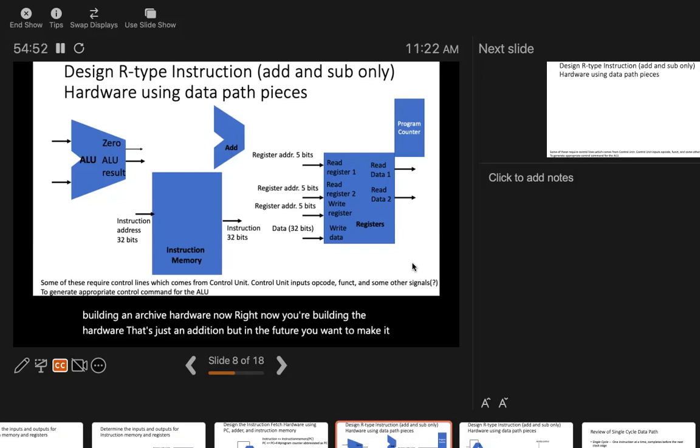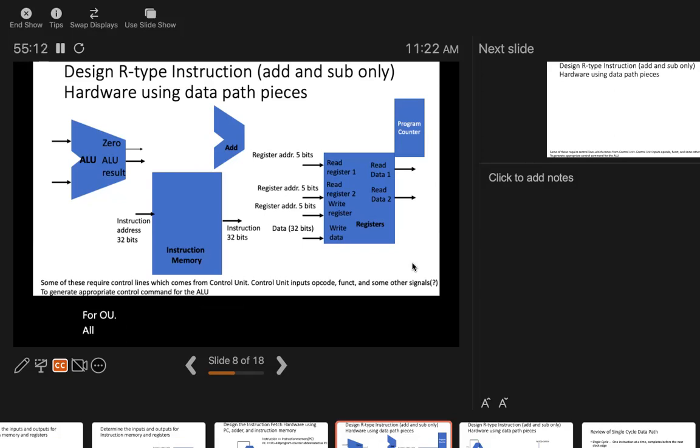Then maybe later shifting operation, right? So you want to evolve this hardware. For ALU, one input will be read data 1, and the other input will be read data 2. For the add unit, in this case, add is only going to be used to go to the next instruction. Yeah, PC plus 4. Thank you. Very good.